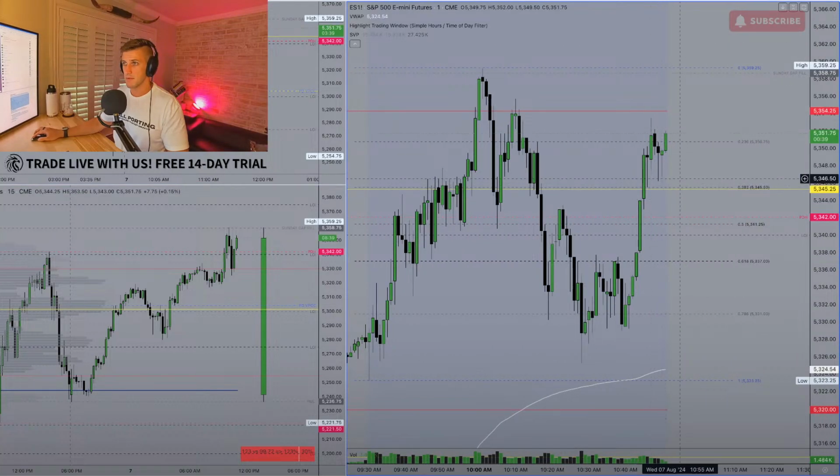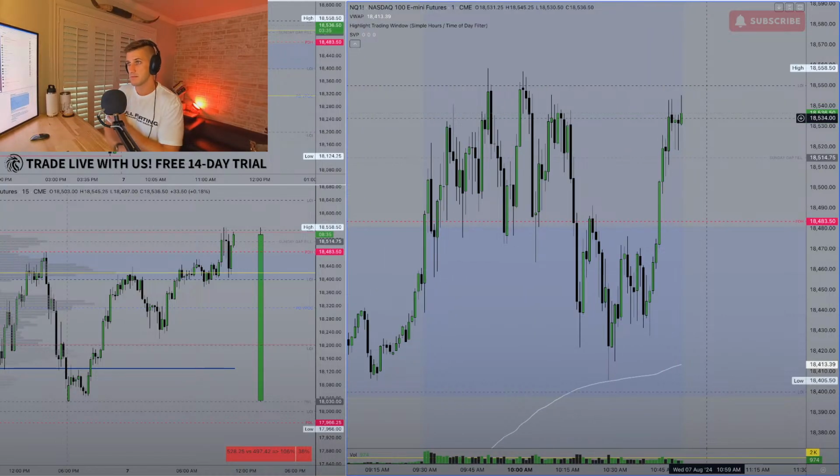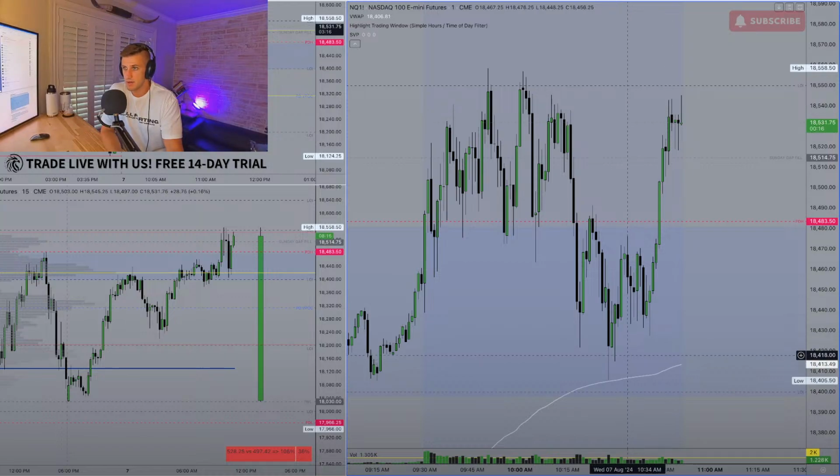So now session volume point of control holding. See if NQ makes a fresh session high here. So NQ earlier, little bit of a spring type of setup with VWAP with the 400 level of interest.